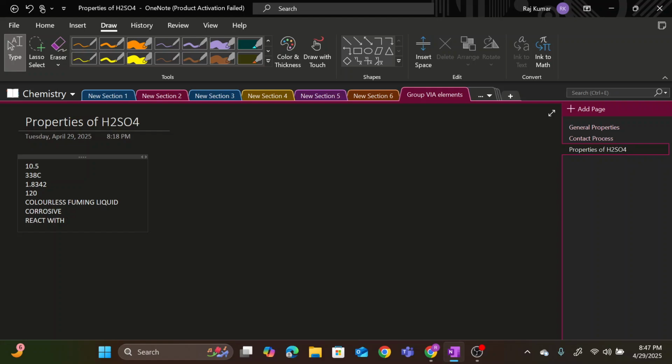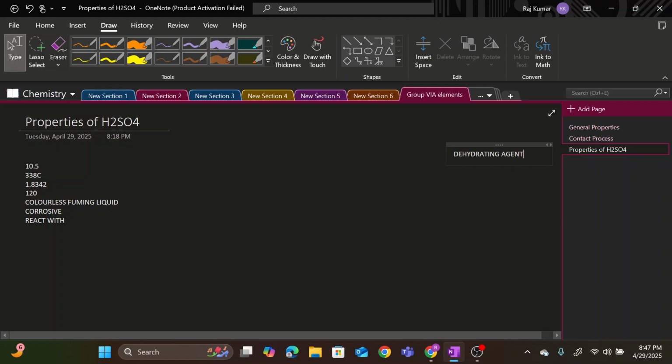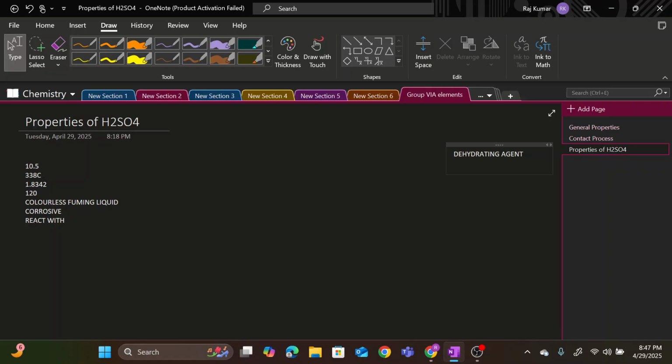It is a strong dehydrating agent, such that, as we have previously understood, it can easily dehydrate things. Its cold dilute solution can make metallic sulfates of certain metals such as iron, zinc, magnesium, and tin.